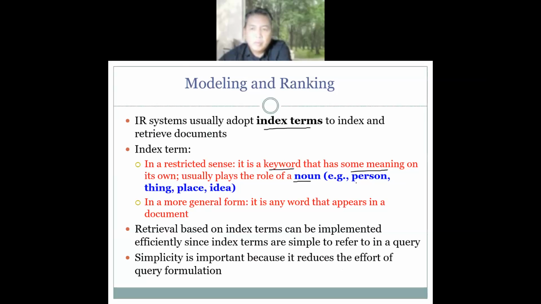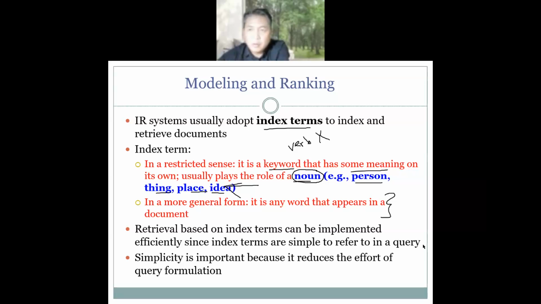So you are looking for a person, a thing, a place, an idea, or a concept. Normally we look at nouns, not verbs. We seldom use verbs like playing, announcing, reading, and so on. In a more general form, it is any word that appears in a document. Basically, we focus more on the concept, the idea, or a person, a thing, or a place.